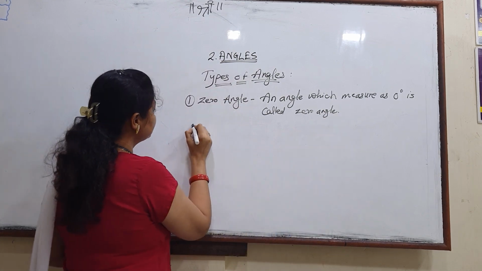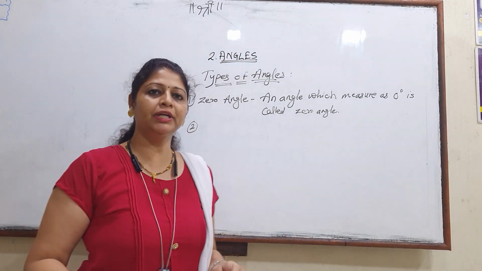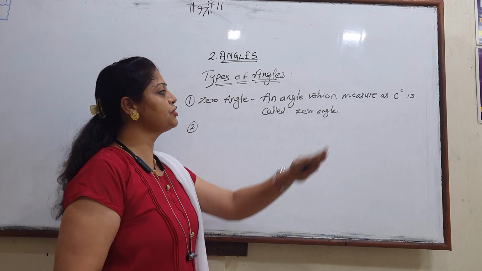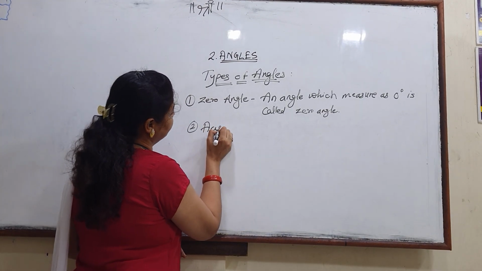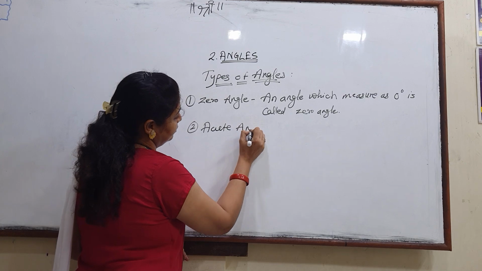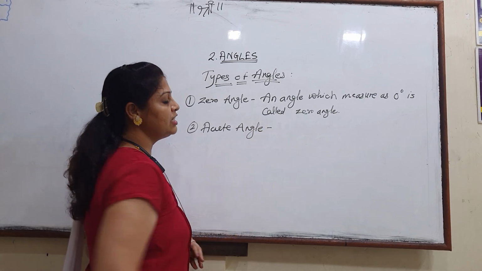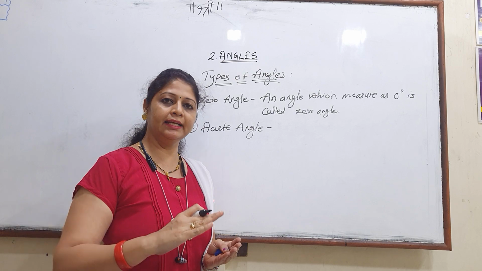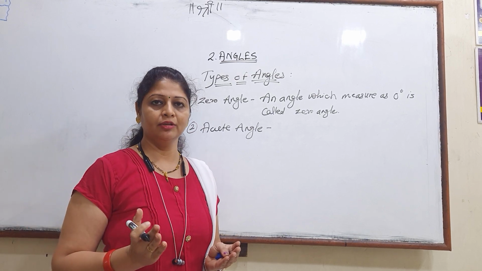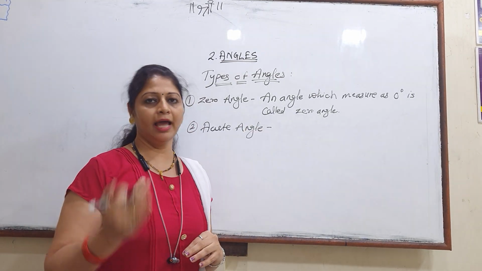Okay. Now the next one. Afterwards I will show you the demo. So first of all I just go through the definitions. Now second, that is acute angle. What is meant by acute angle? An angle which is less than 90 degree and more than 0 degree is called acute angle. Okay.